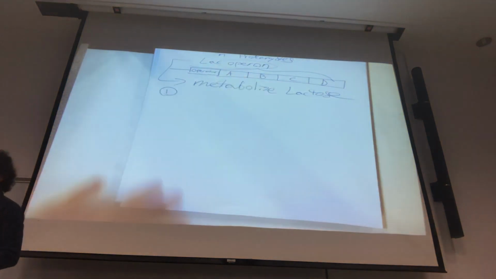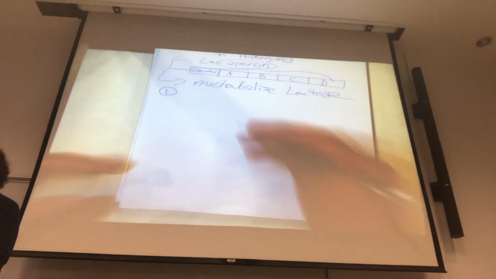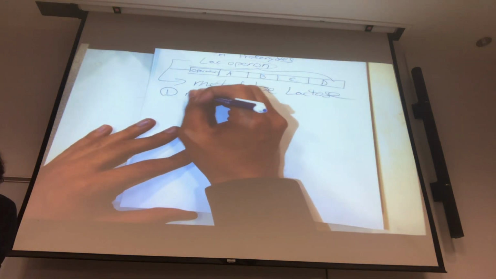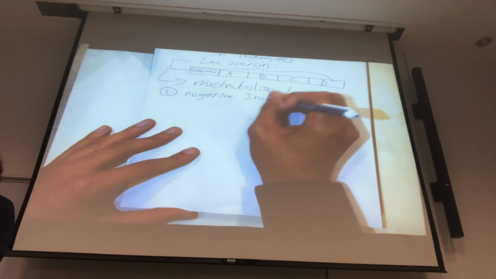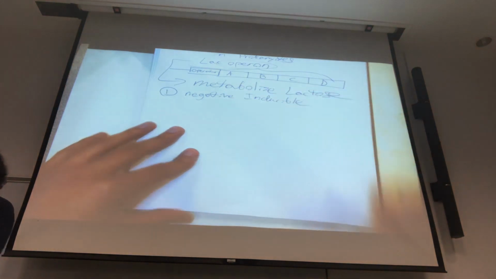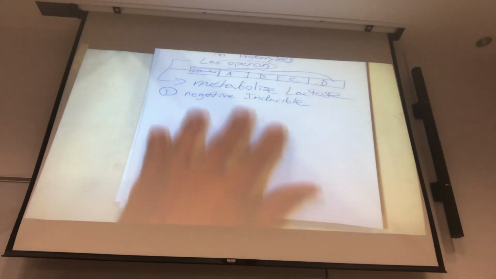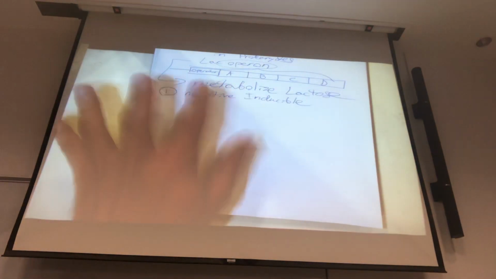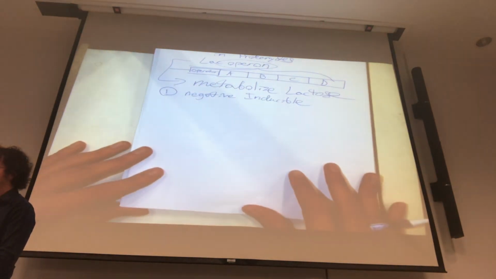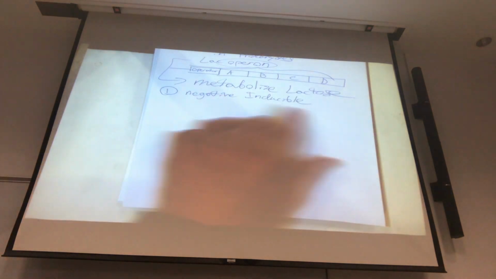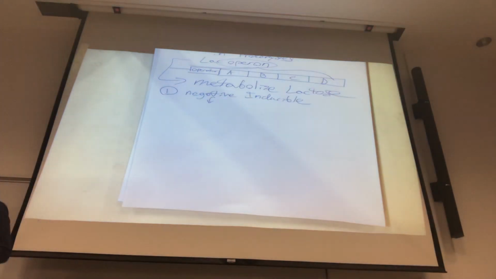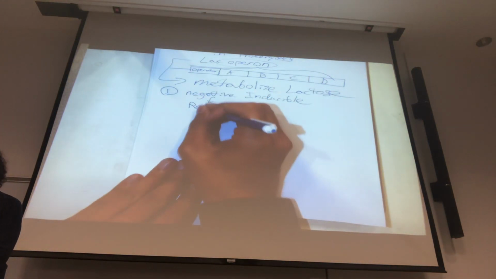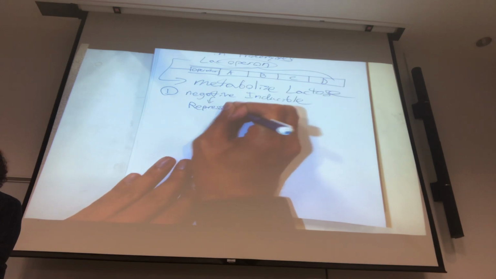One, you turn on the Lac Operon via a mechanism called negative inducible. In SI I go over the 4 combinations of these terms. For the Lac Operon, I'm only going to go over the 2 important ones. Negative inducible, what this means is the negative part means a repressor enzyme or repressor protein is involved in some way.